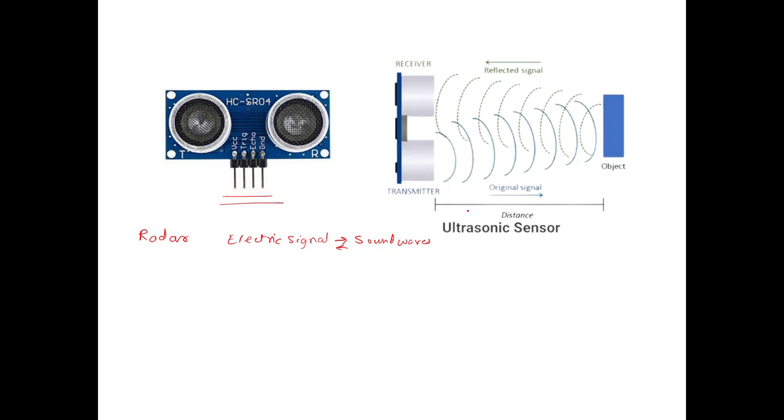Now in the ultrasonic sensor you have two things. One is the transmitter on the left hand side, and one is the receiver. The transmitter sends the signals, the ultrasonic waves to be precise.